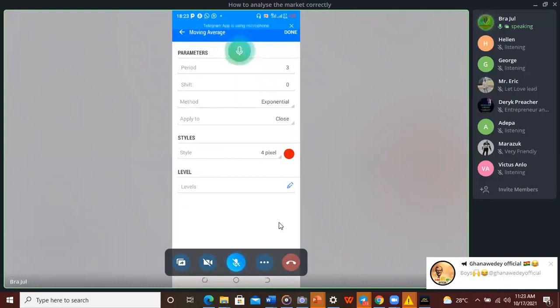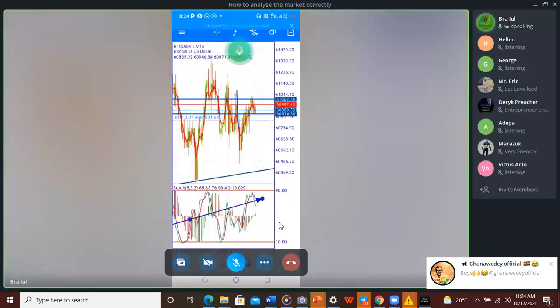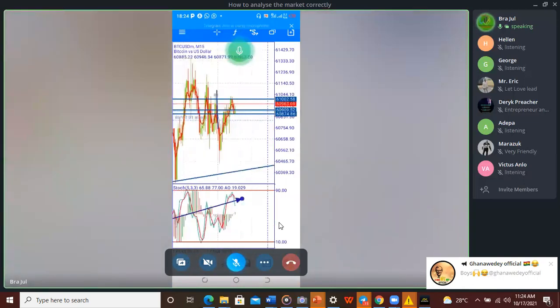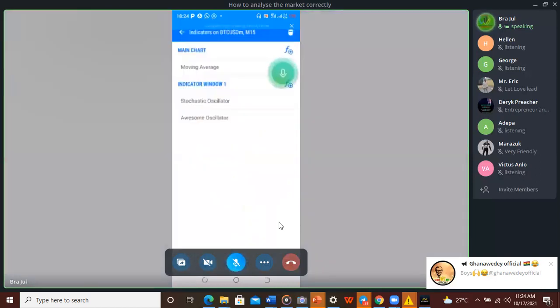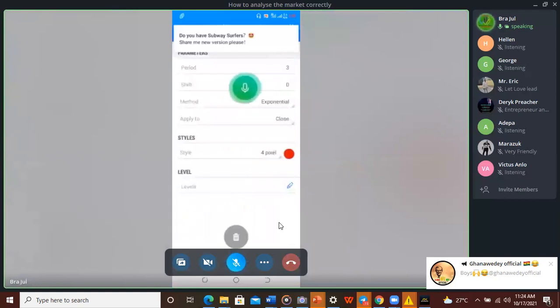So let's go down. As I move down, you see it on the screen right now. So I'm going to the next moving average. To add the next one, I tap on the F, go to the main chart, then choose moving average again. You realize that it will still display the previous one.